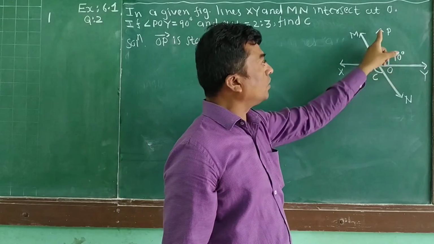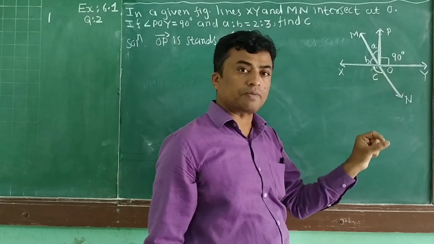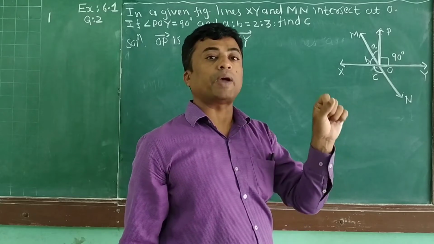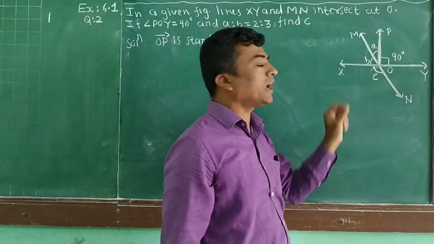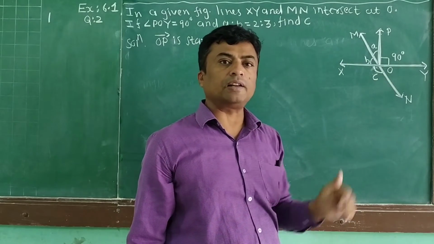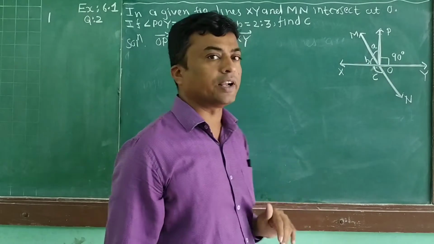See children, ray OP stands on line XY. So according to the linear pair axiom, angle POY and angle POX both are adjacent angles, and their sum is 180 degrees.